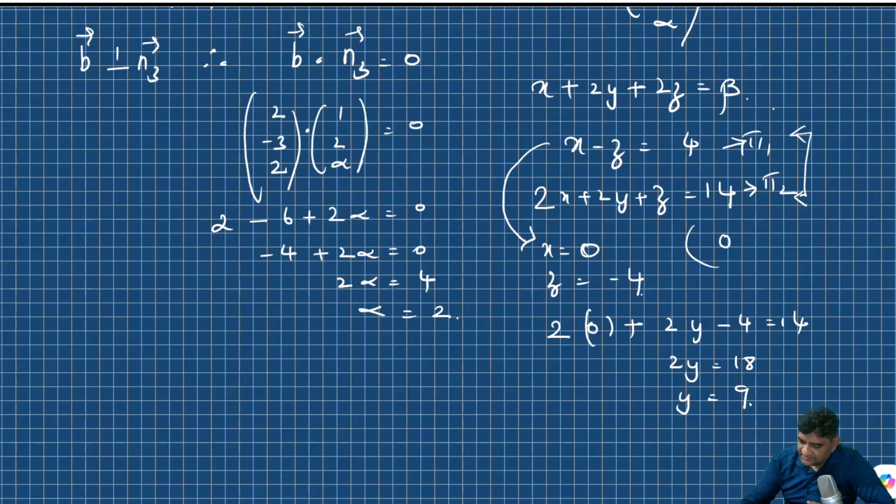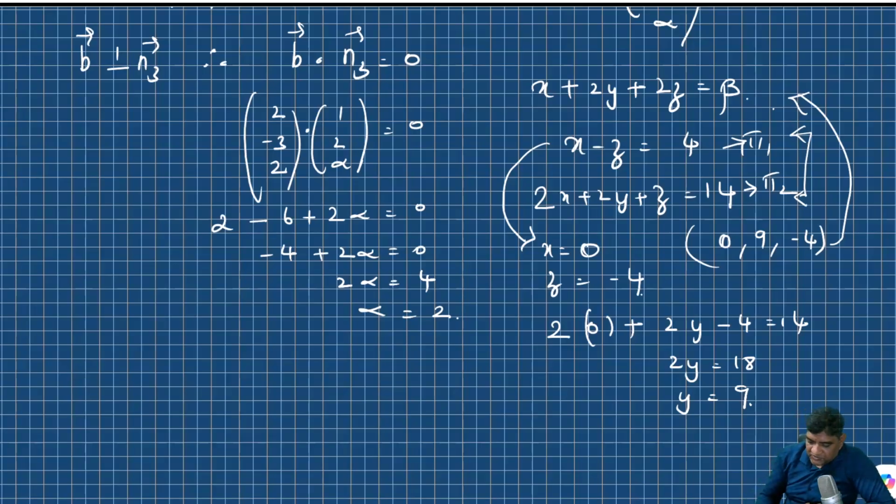The point here is going to be (0, 9, -4). And this point, which is common to pi 1 and pi 2, would also be common for pi 3, simply because the three planes are passing through one line, and because it has infinitely many solutions, a solution which is common to pi 1 and pi 2 has to be common to pi 3 also.